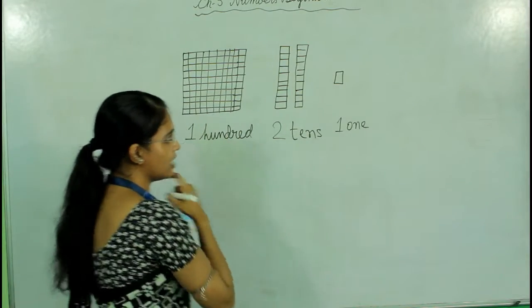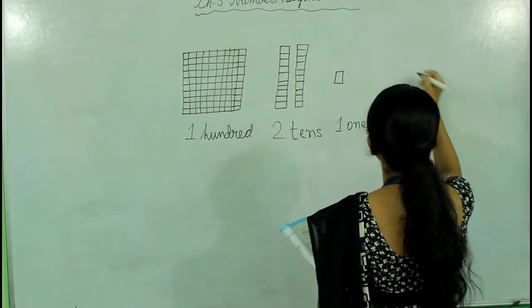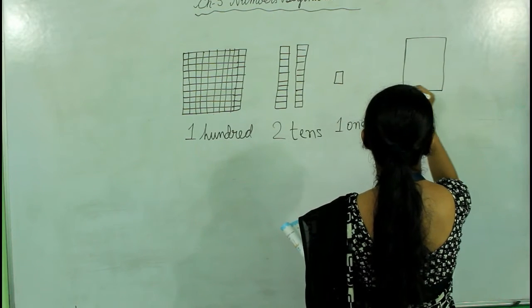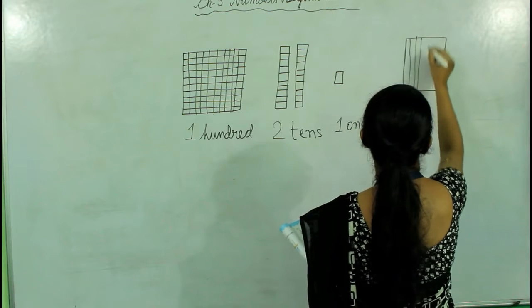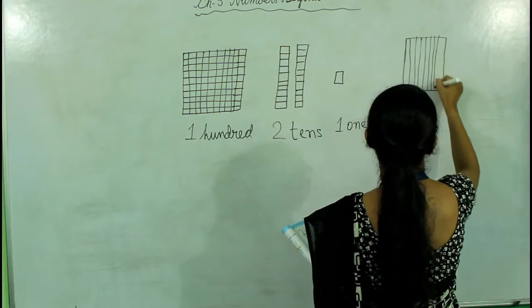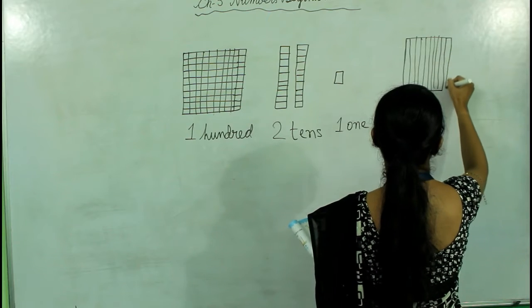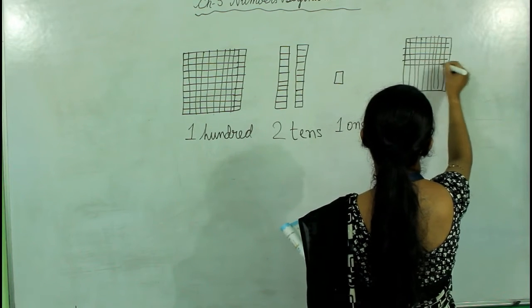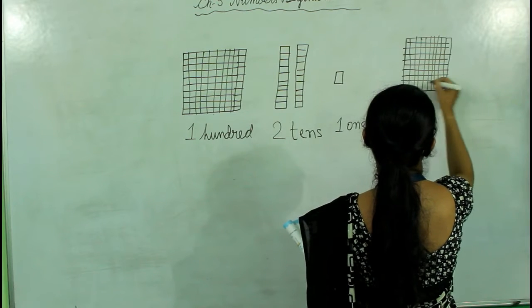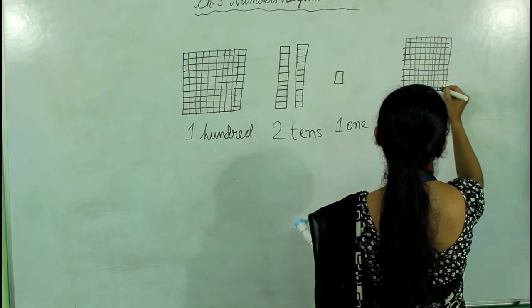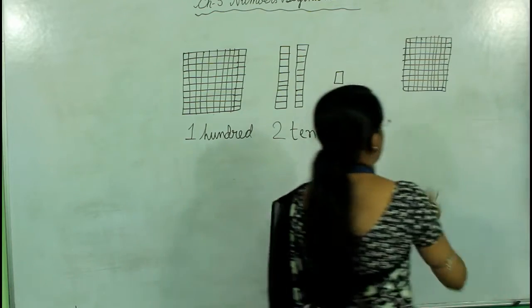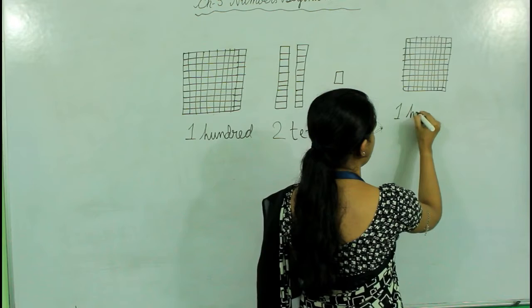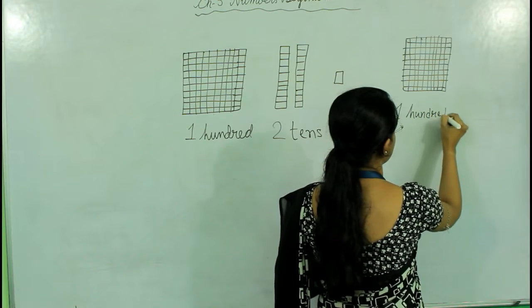And on the other hand, I have 1, 2, 3. How many groups of 100? One group of 100. On this side I have one group of 100, okay?